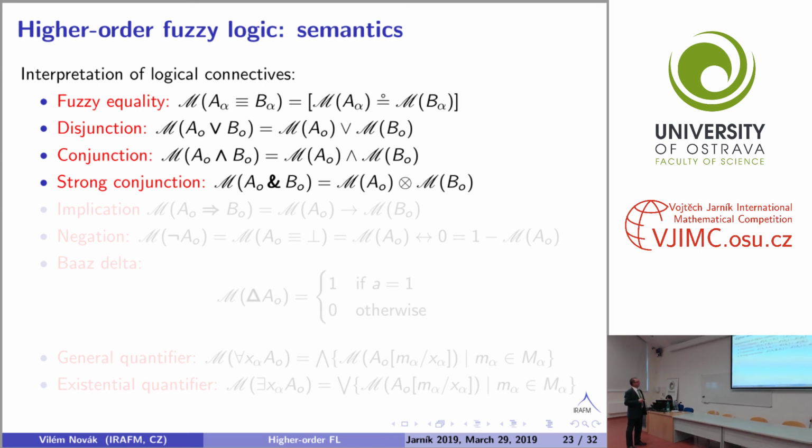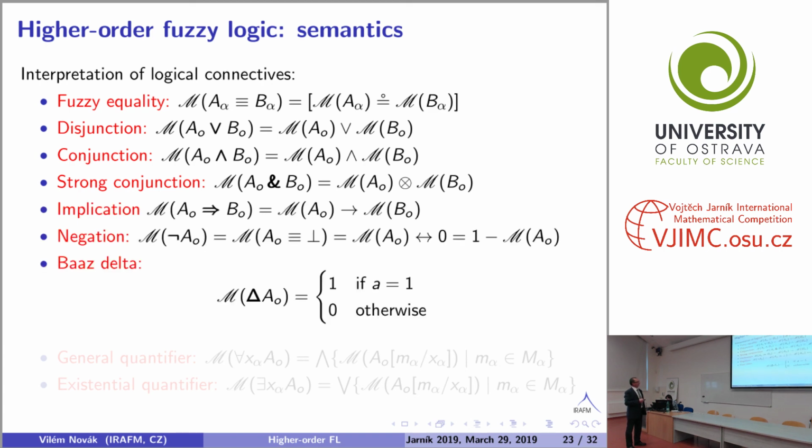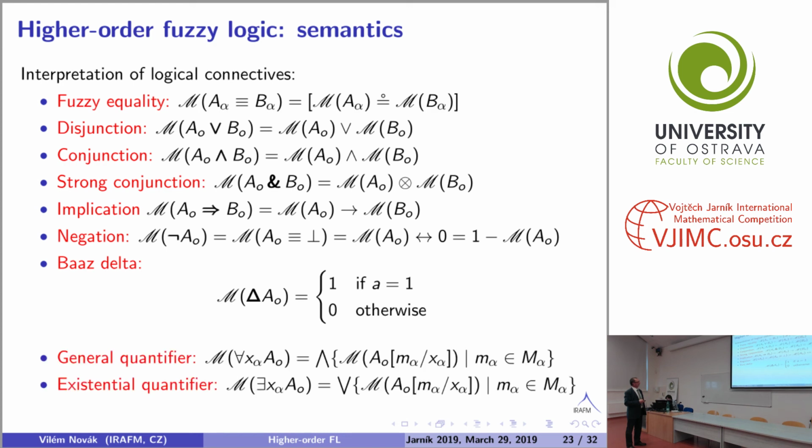Concerning the connectives, fuzzy equality in syntax is interpreted by a truth value of fuzzy equality between these two elements. Disjunction is an operation of join. Conjunction, operation of meet. Strong conjunction is an operation of multiplication. And then implication, Delta, negation.